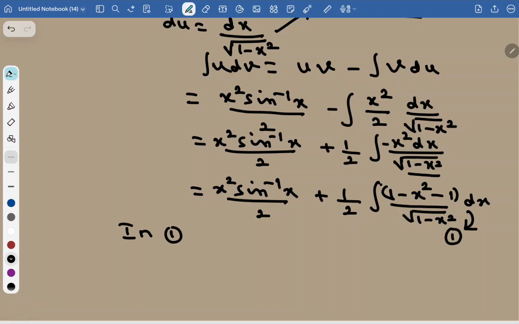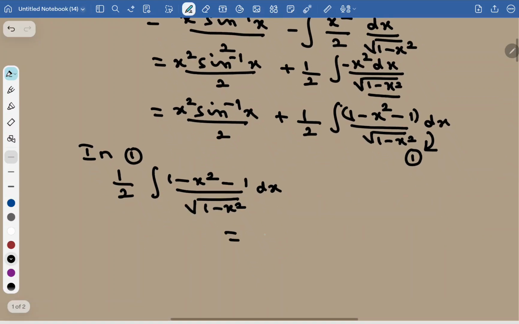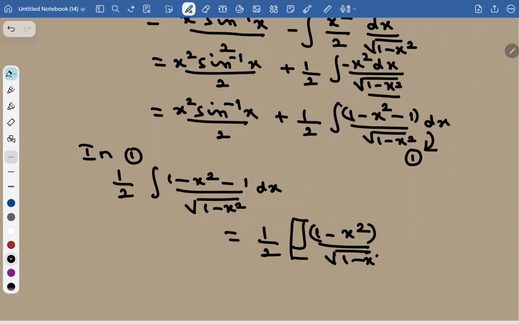In 1 we have 1 by 2 integral of 1 minus x square minus 1 divided by root of 1 minus x square dx. This can be further written as 1 by 2 integral of 1 minus x square divided by root of 1 minus x square into dx, minus integral dx by root of 1 minus x square.